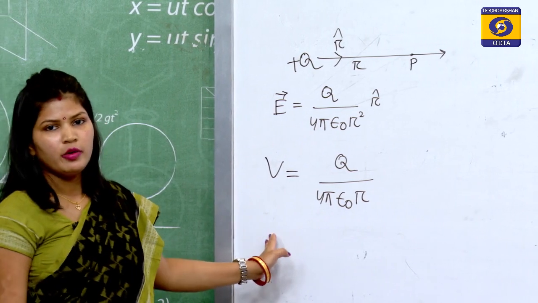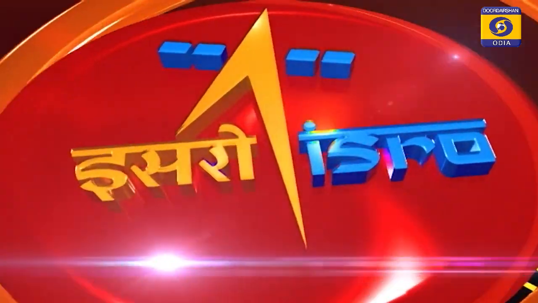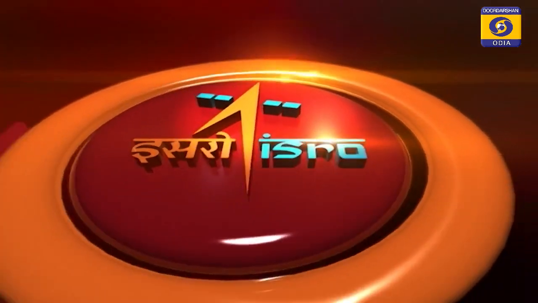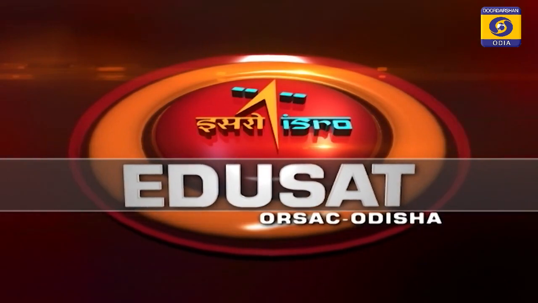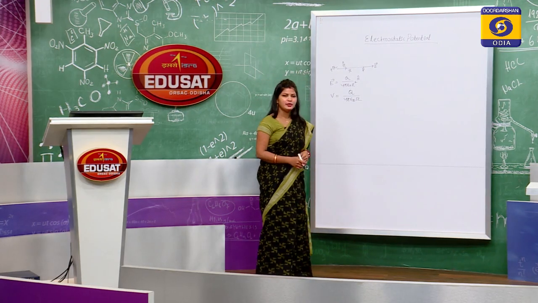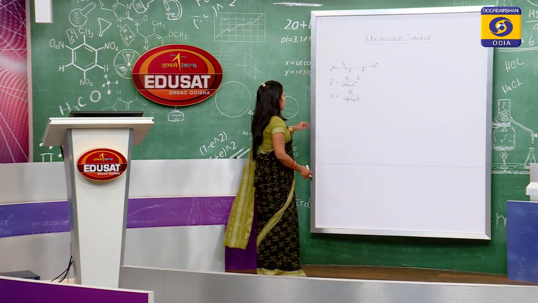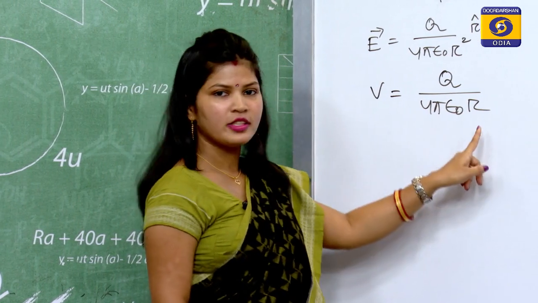Now, we will see what is the relation between the two. This is the expression of electric field and potential here. Electric field is a vector quantity and potential is a scalar quantity.